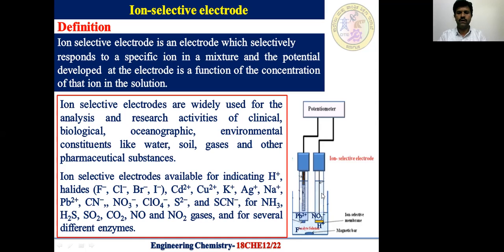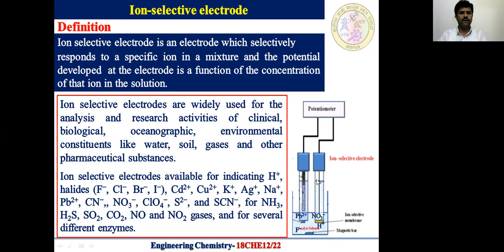For example, if I consider this is a glass electrode, then this glass electrode responds to only the concentration of H plus ions, even though the solution containing other ions. So then the glass electrode, I can call it as ion selective electrode.